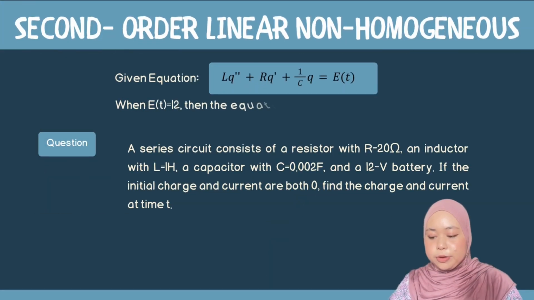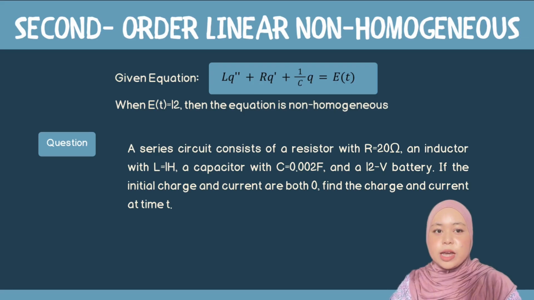Okay, for the second order linear non-homogeneous, we are given the equation LQ double prime plus RQ prime plus 1 over C Q equals E of t. When E of t is 12, then the equation is non-homogeneous.